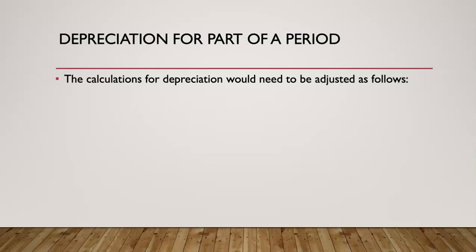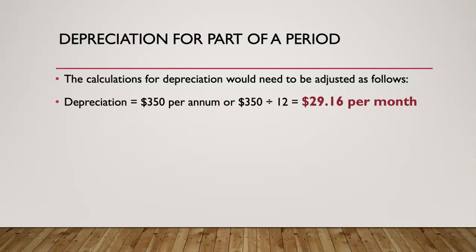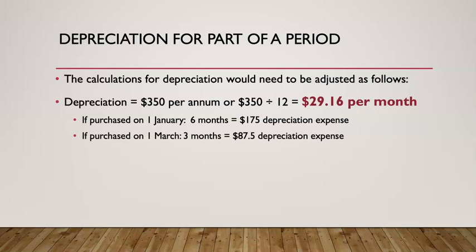So if we look at our depreciation for a part of a period, we would need to adjust it. This depreciation of $350 per annum actually is $29.16 per month. So if we purchased on the 1st of January, our first 6 months will be a debit of depreciation expense of $175 and a credit of accumulated depreciation of $175. 3 months, $87.50.